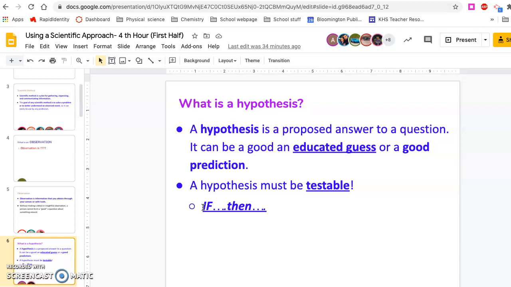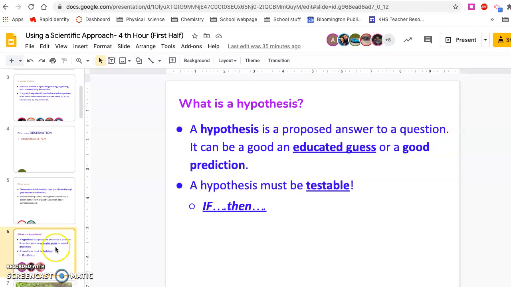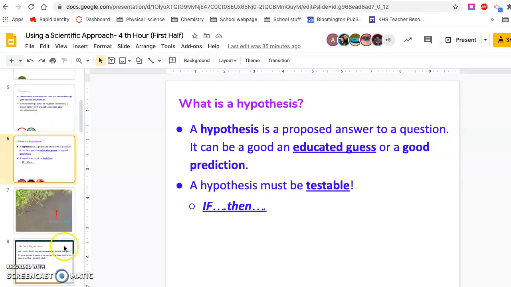Or if I were to switch to a different mouse, my gaming might have a higher score because of a better reaction time. Now, you don't have to give an explanation, and most of the time, scientists don't give an explanation. So, a better hypothesis for the mouse would say, if I switch to a faster speed mouse with more DPI, then my gaming score will go up. No explanation needed. Okay? So, that is the main part of our topic today.